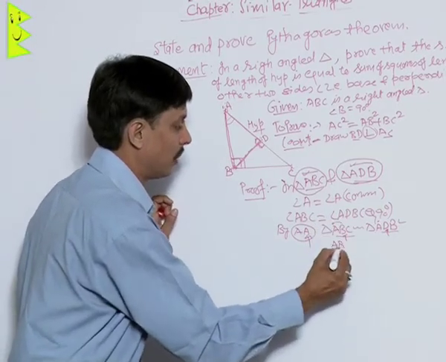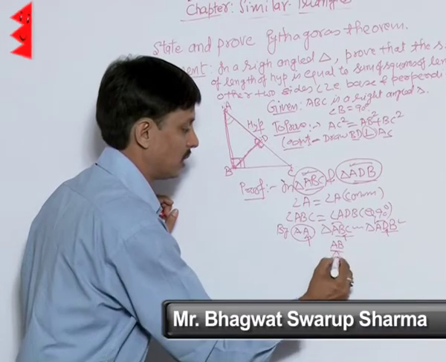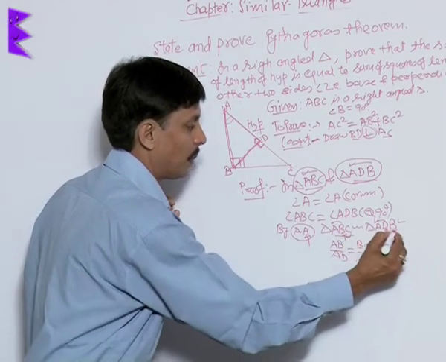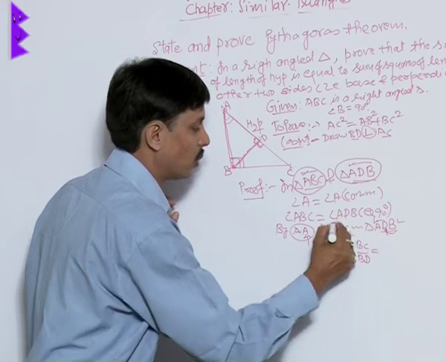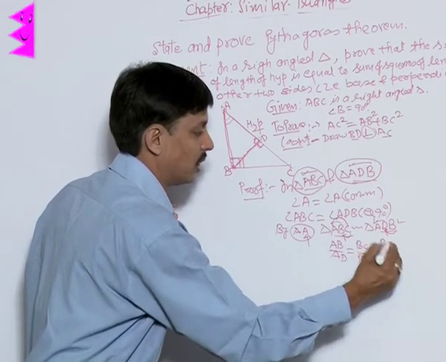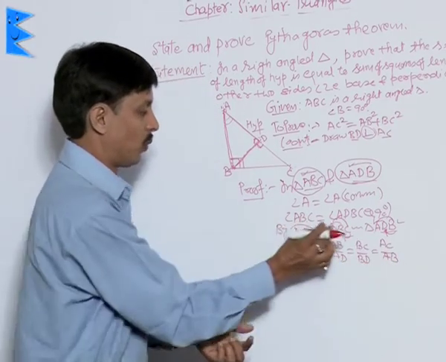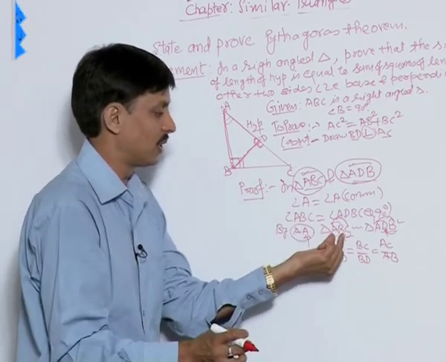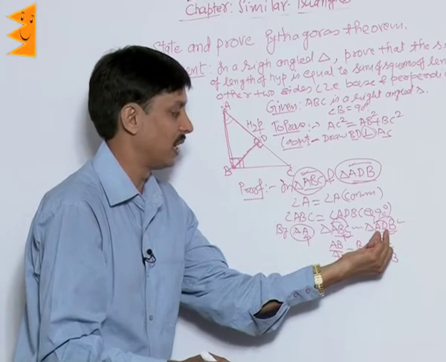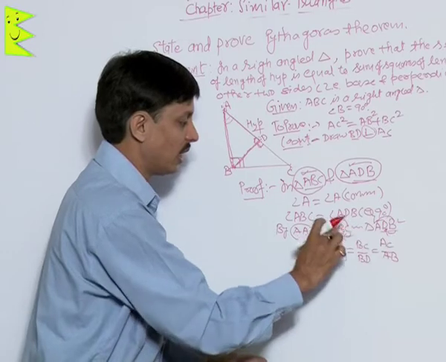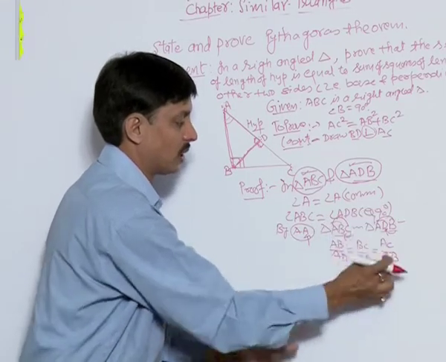That is, AB divided by AD, that is AB is to AD is equal to BC upon BD is equal to the first and third, AC ratio matched with AB. So the first two letters are making AB in the first triangle and the first two letters here are making AD. So AB upon AD, BC upon BD, and first and third AC, first and third AB.